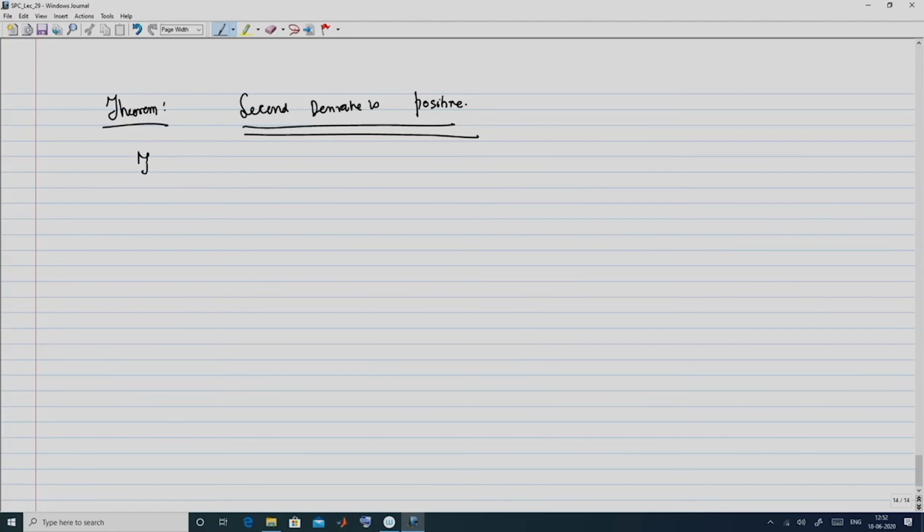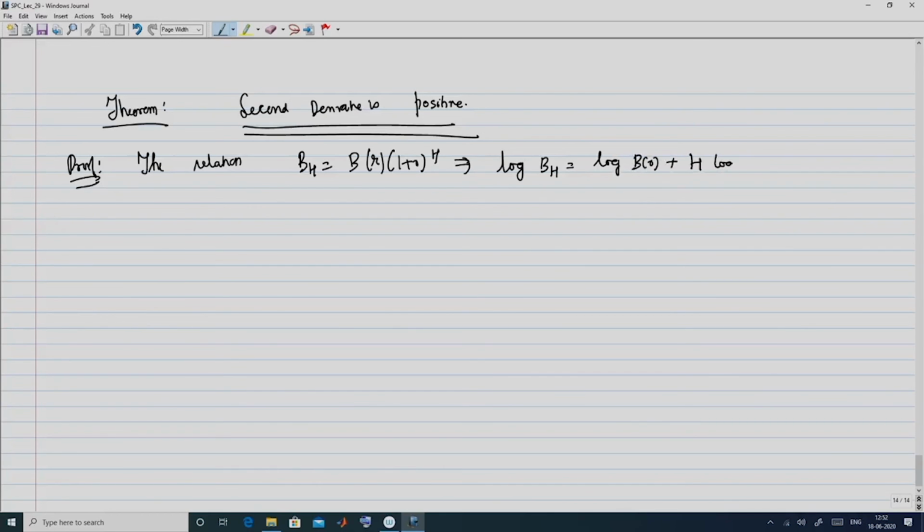Now, the proof goes as follows: the relation BH is equal to B of r into (1 plus r) raised to h implies, if I take log on both sides, log of BH is equal to log of B(r) plus h into log of (1 plus r).